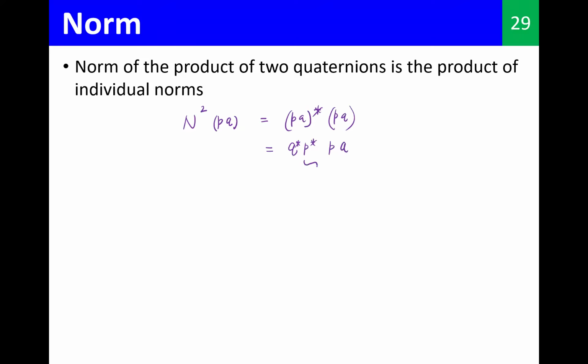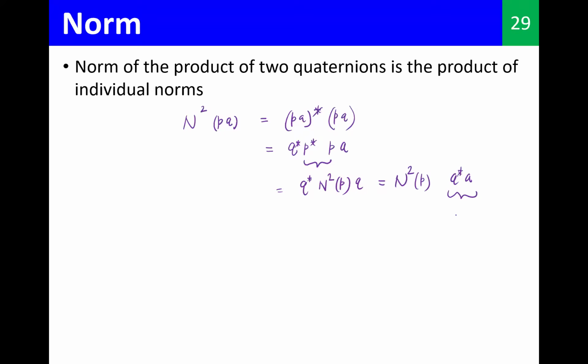And p conjugate p is actually equal to the norm of p, times q conjugate q. The norm of p is a scalar, so maybe we can just bring that to the front.